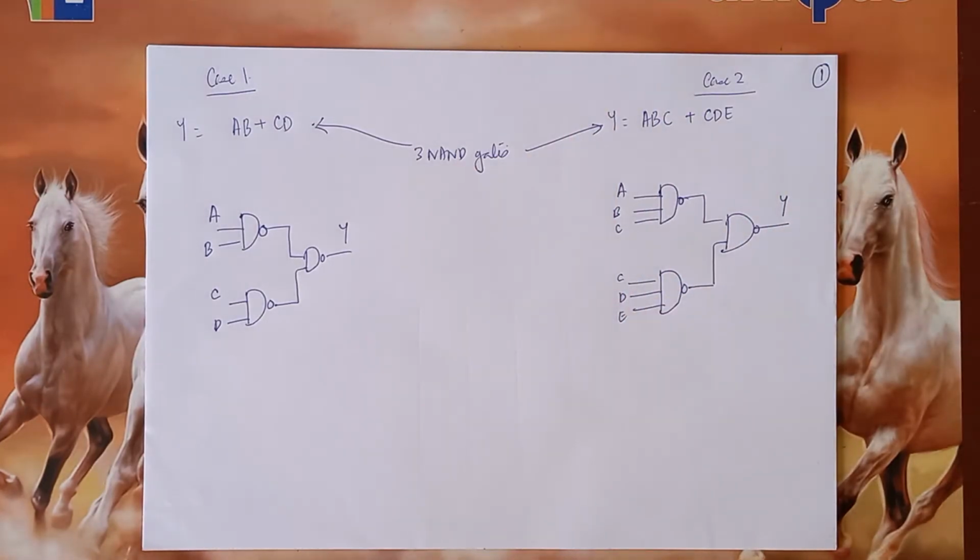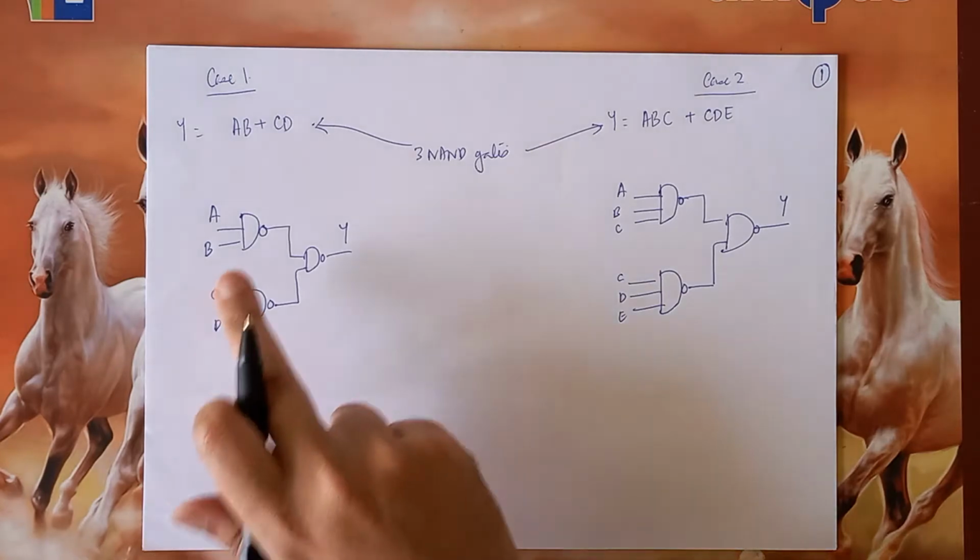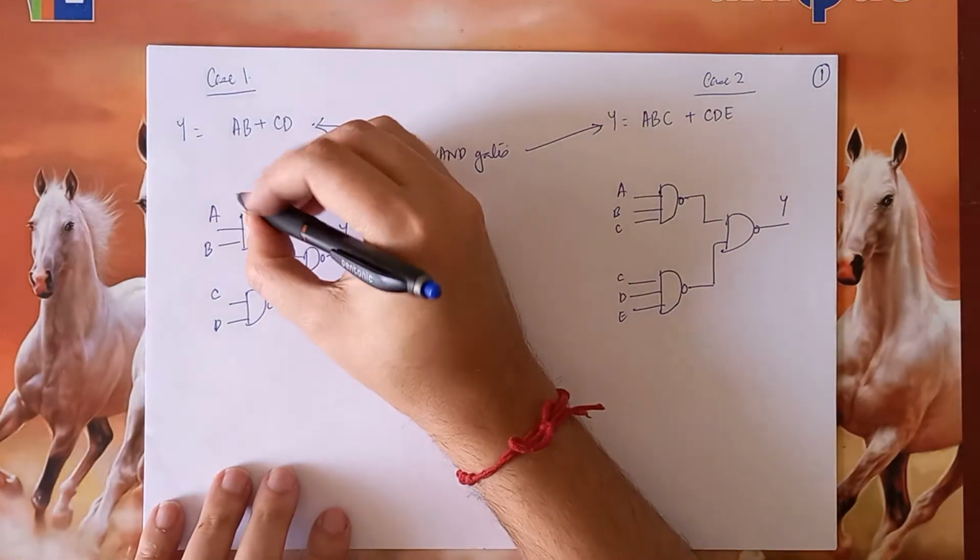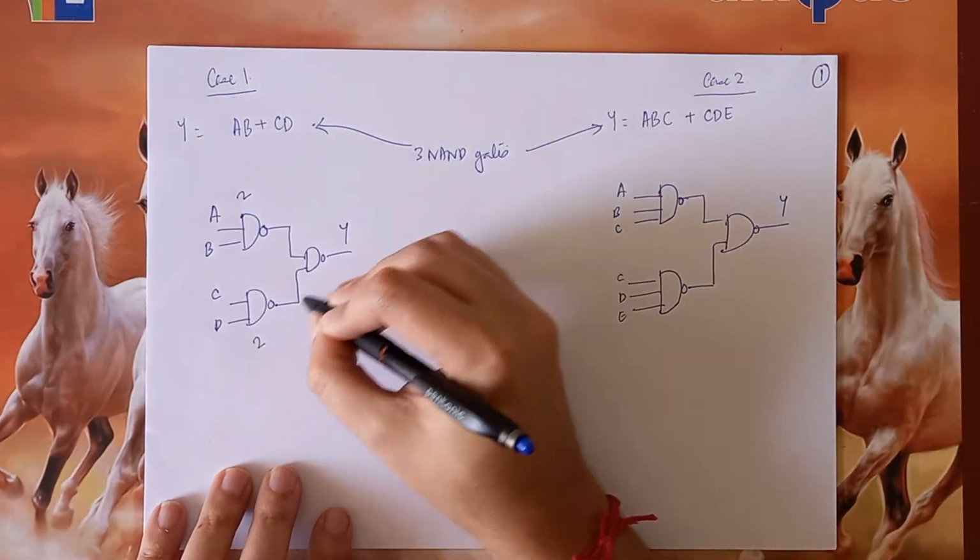No. In those cases where the number of gates is the same, you can still differentiate the complexity by looking at the number of inputs per gate. Here the number of inputs is 2, here 2, here 2.